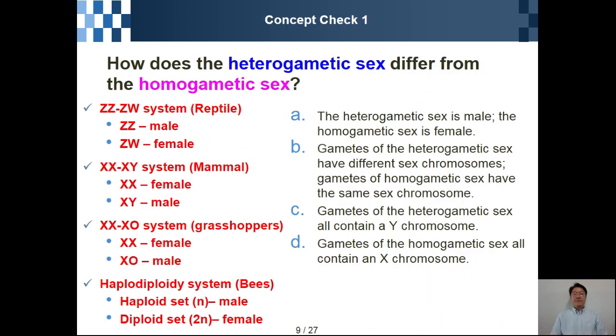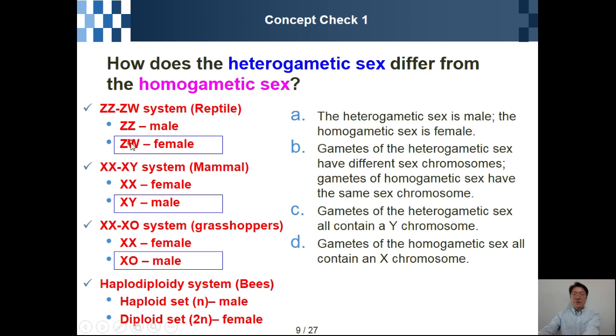Okay, this is a concept check. How does the heterogametic sex differ from the homogametic sex? What is the heterogametic sex? For example, in the ZW system, ZW is the heterogametic sex, and also XY is a heterogametic sex, and XO is also a heterogametic sex.